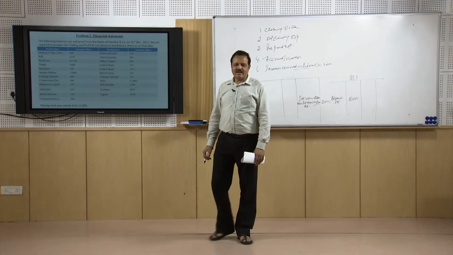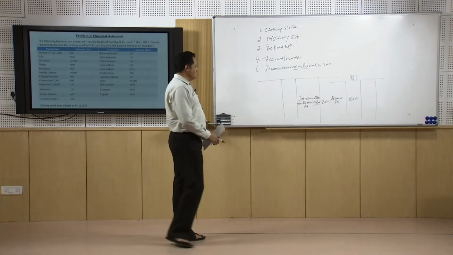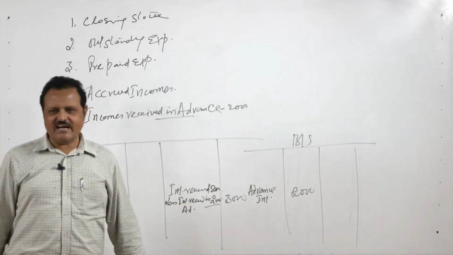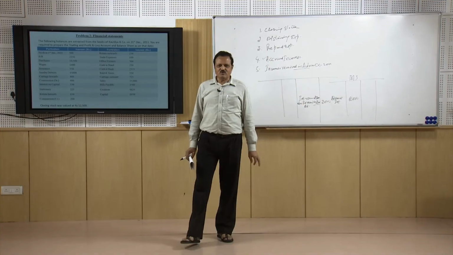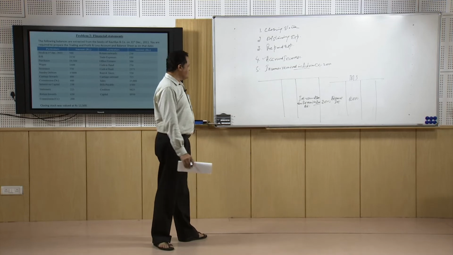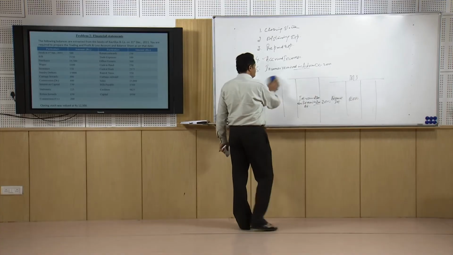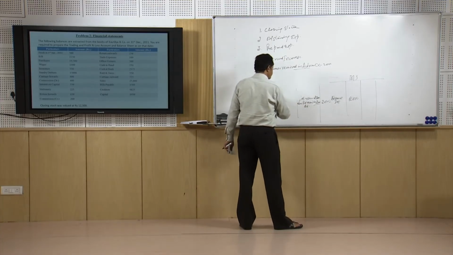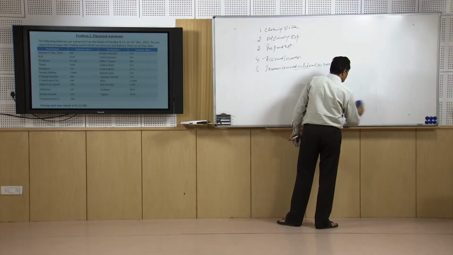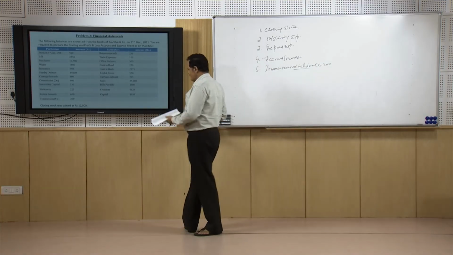Interest received in advance, which is not due and has not yet been earned, is advance interest, and it is a liability till the time it becomes due. We will keep showing this 2000 rupees as a liability, and we will not treat it as the income of the current year. This is how to treat incomes received in advance, which were not due to be received but have been received by the firm.